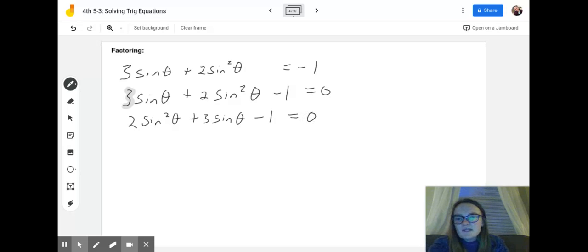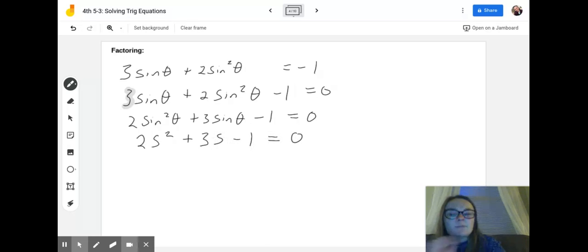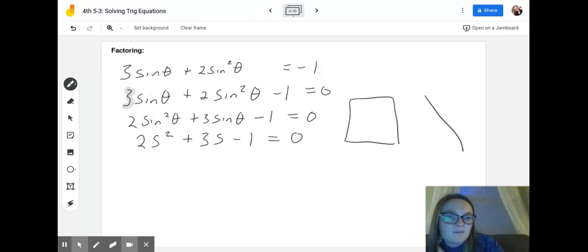So if you can see this and what it's going to factor to now, great. What I'm going to do is rewrite this in terms of s instead of saying sine. So this is the same thing as 2s squared plus 3s minus 1 is equal to 0. To factor this, I'm going to draw my box, and I'm going to draw my x.